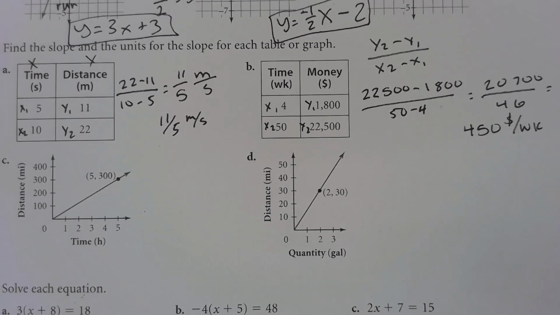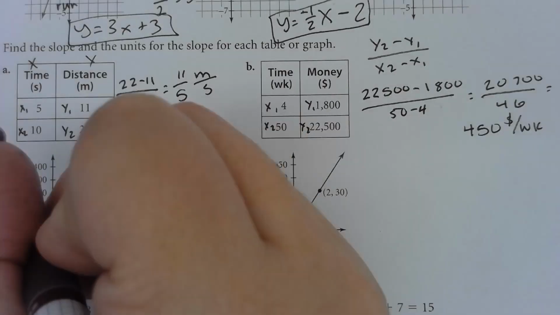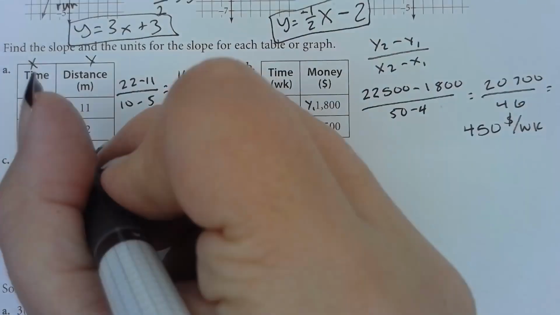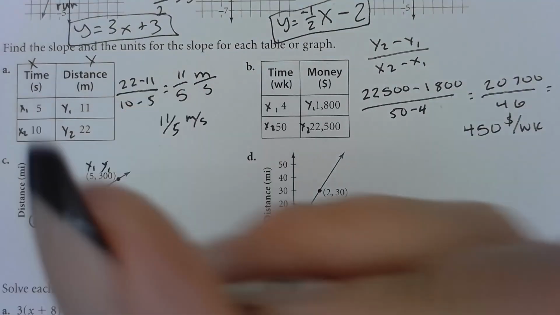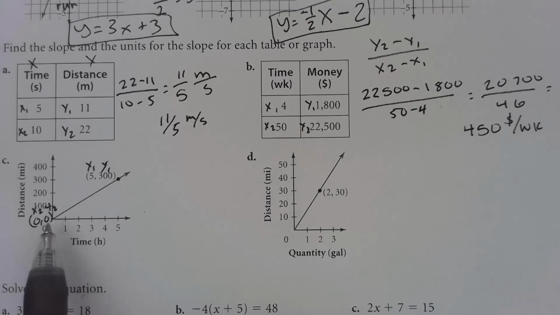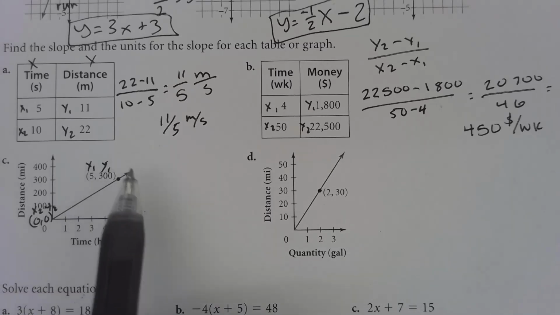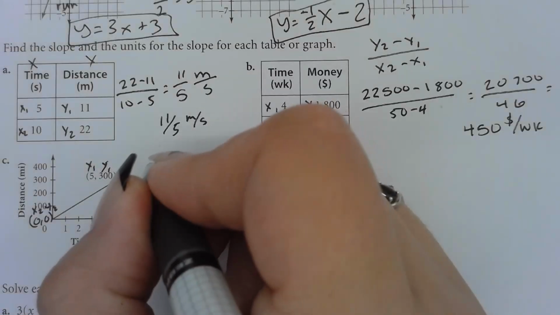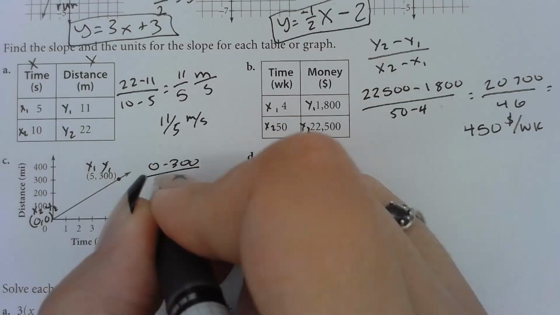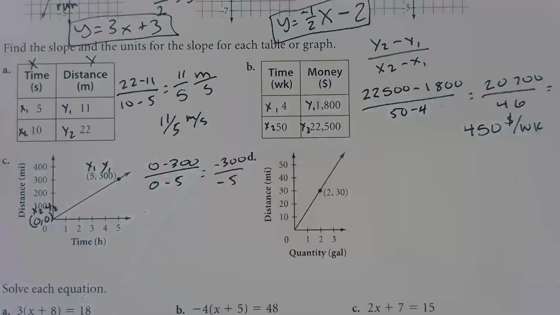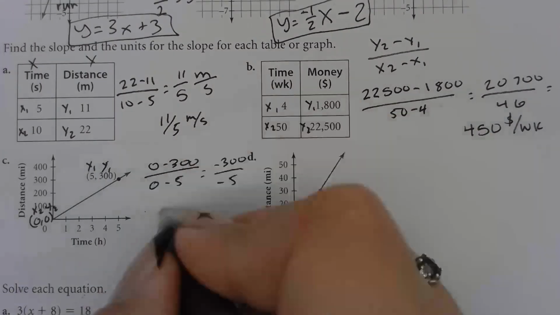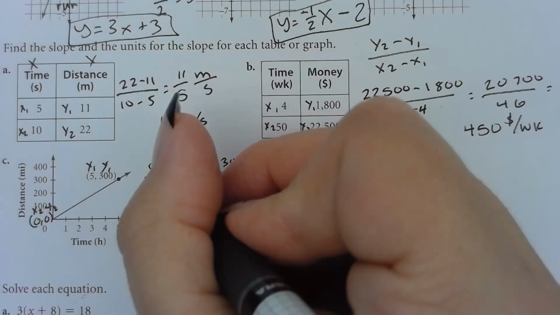We good? Zero, zero. So we have our x's, our ones, and our twos. So we would do 0 minus 300 over 0 minus 5. It's negative 300 over negative 5. We get 60 miles per hour.